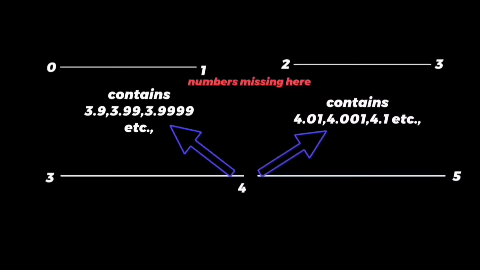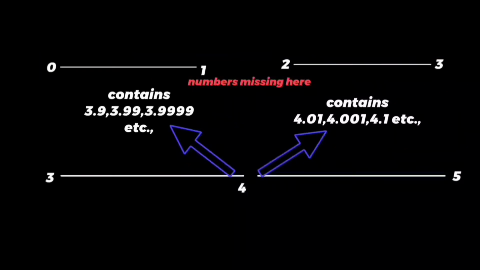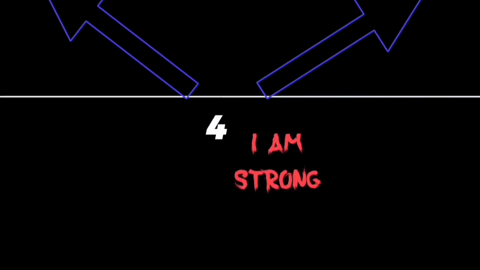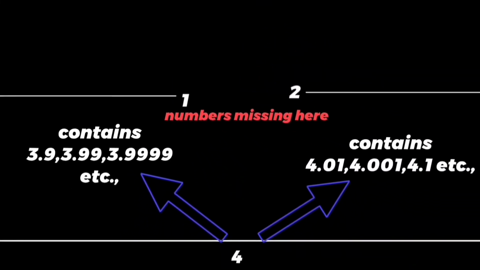But there is no actual gap here. That line has missing numbers on the right of 1, so it's illogical to break this line at 4, because the neighbors of 4 on the left and right are so strong. Let me look through a neighbor of 4, which is 4.00 up to a billion zeros 1.